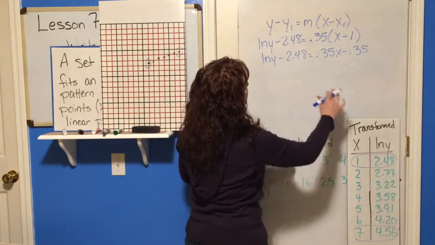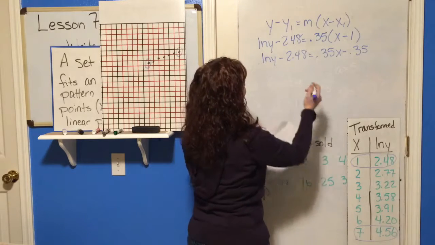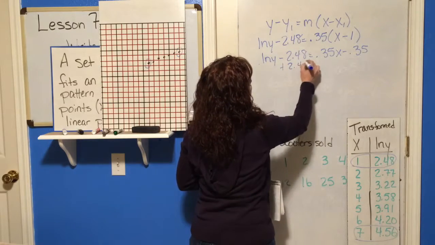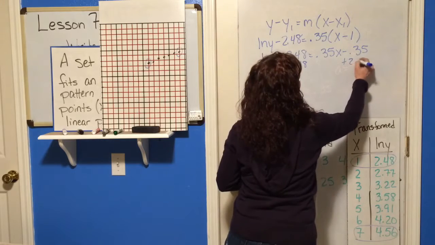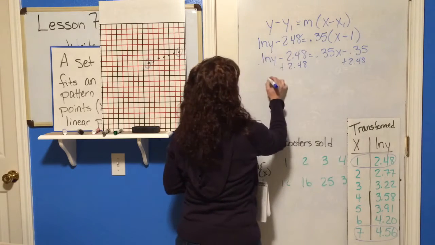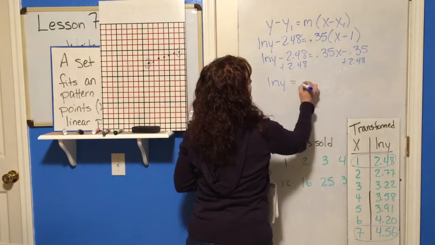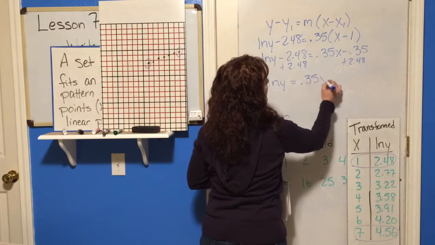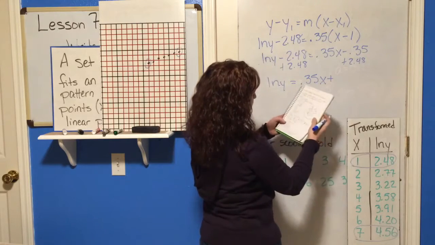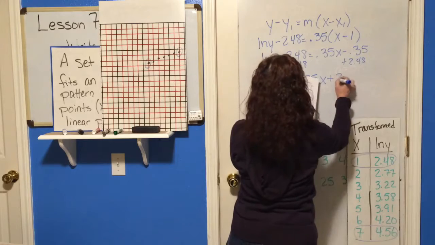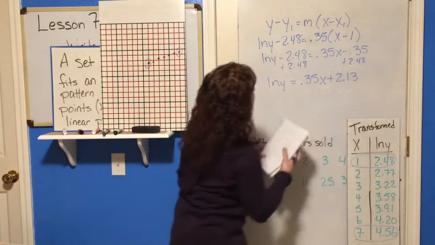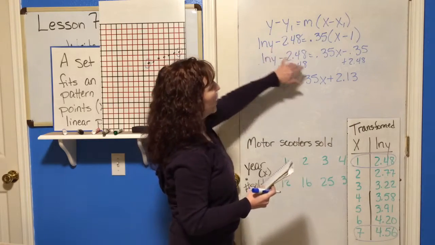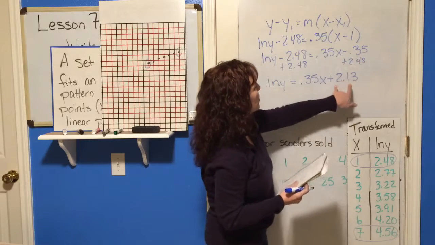Let's add the 2.48 to both sides. Okay, so do you see what I did there? When I added the 2.48 to both sides, it combined the like terms over here.